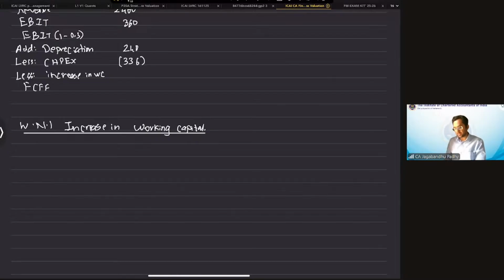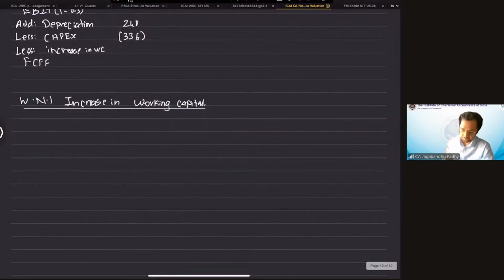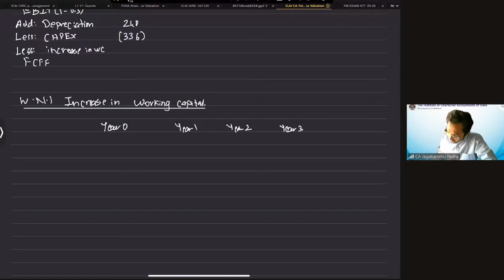We can get the increase by first calculating the working capital that will be needed, for year 0 through year 5.